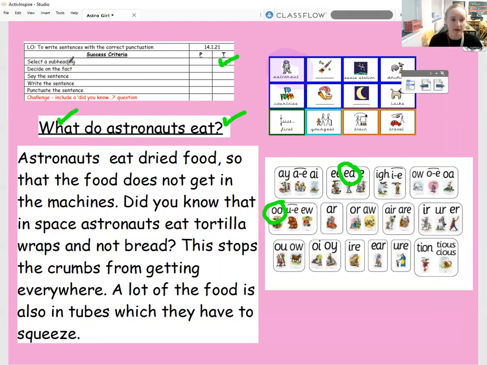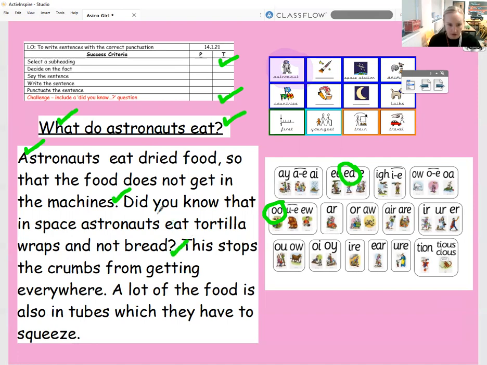Then I needed to decide on my fact, say it, write it and punctuate it. So let's check I've done that in here. So I've got astronauts, capital A at the start of my sentence. Astronauts eat dried food so that the food does not get in the machines. Great. And I've got a full stop at the end, so I've done that one correctly. Did you know, I've got my did you know challenge there, that in space, astronauts eat tortilla wraps and not bread?